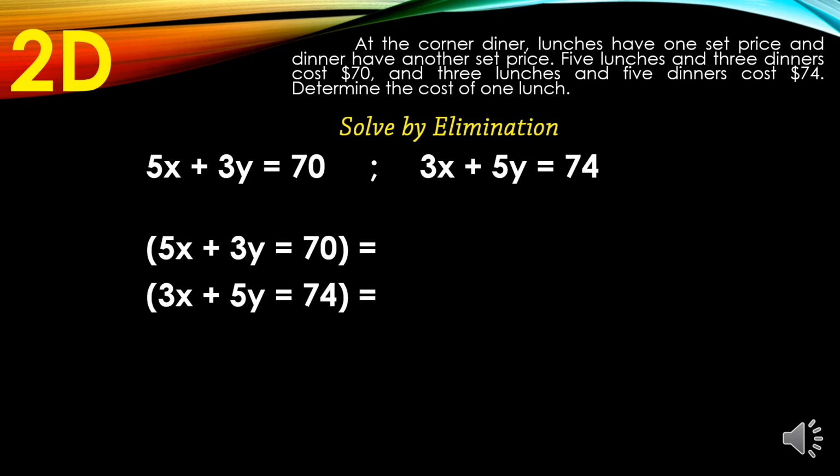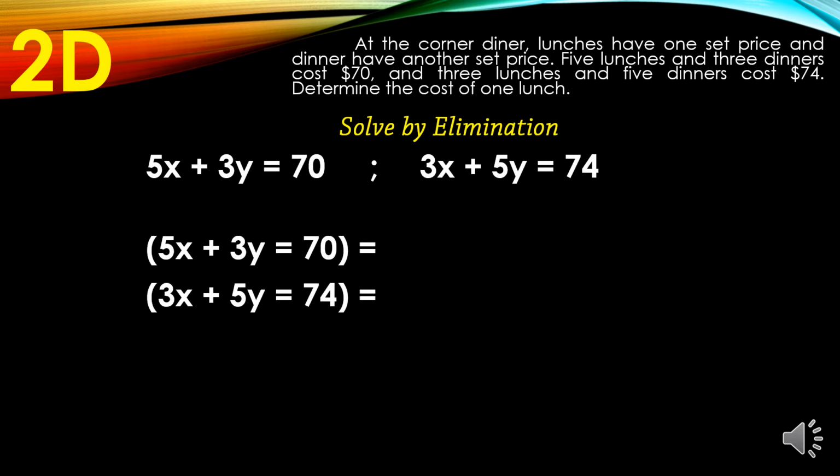To be able to remove the 3y and 5y, we need to find their common multiple. 3 and 5 has a common multiple of 15. Am I right? Okay, so 3 plus 3 plus 3 plus 3 plus 3 is equal to 15. 3 plus 3 is 6, plus 3 is 9, plus 3 is 12, plus 3 is 15.